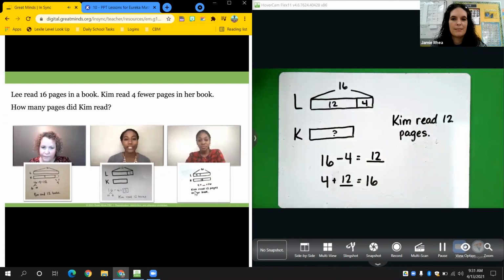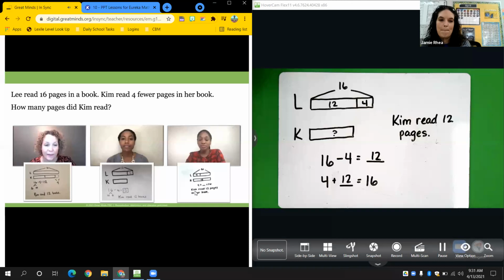Yeah, because what I did is I took that same 12 and 4, I just put the 12 first. So mine has 16 here at the top for Lee, but at the bottom, I thought about the fewer being at the end. Well, first I drew Lee's tape and labeled it 16 with an L because that's how many pages he read. And then I know that Kim read 4 fewer. So that fewer means less.